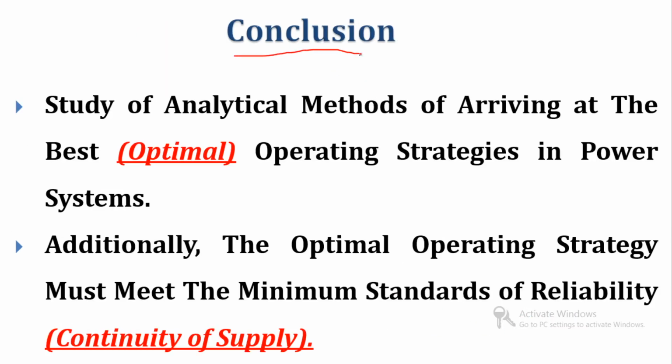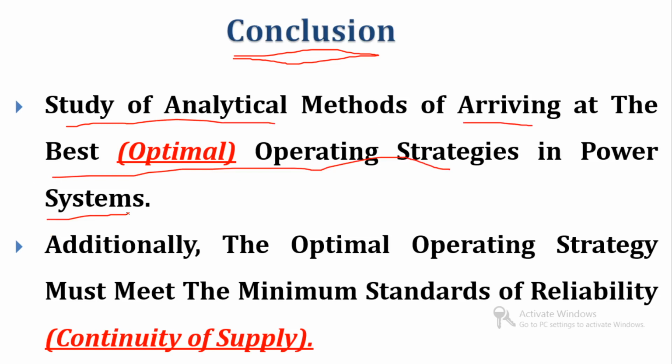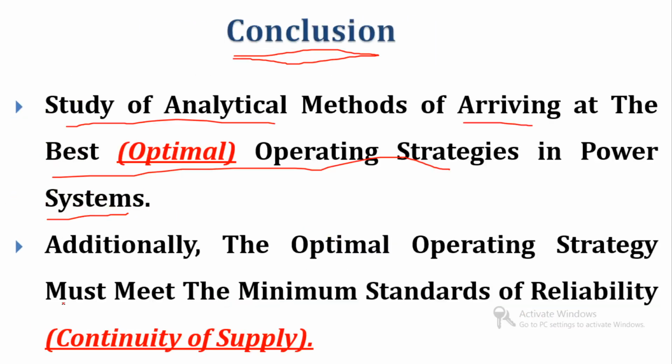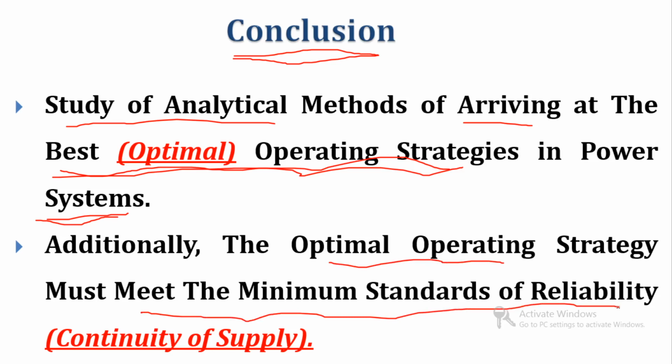So what is the conclusion for this economic operation? It is the study of analytical methods for the best operating strategies in a power system. The study of the unit commitment and load scheduling problems gives us the best operating strategy for our power system, one that meets the minimum standard of reliability.